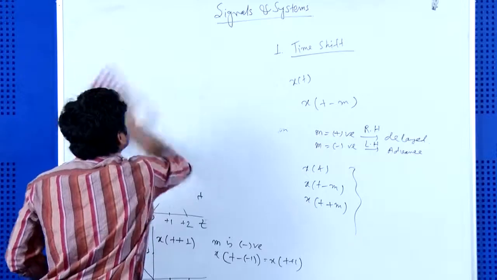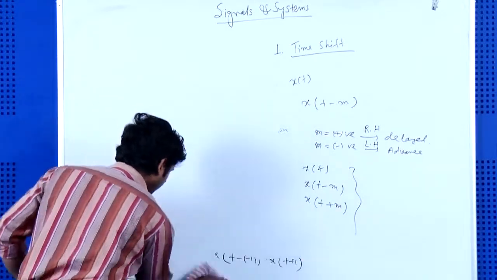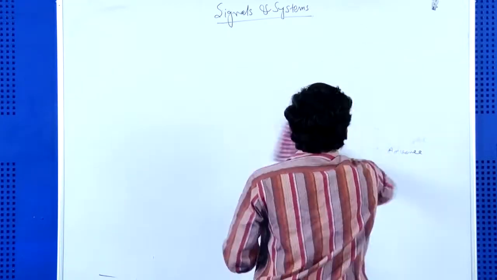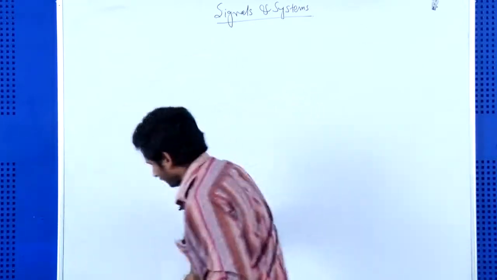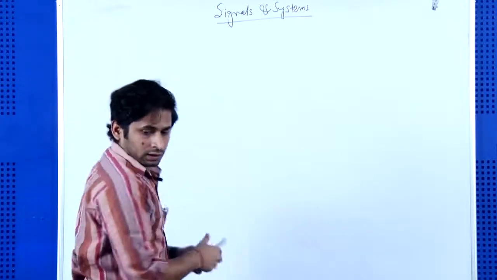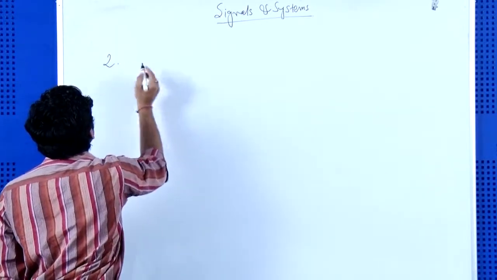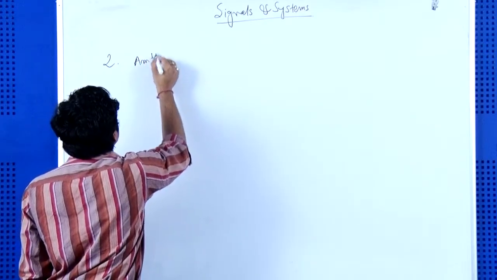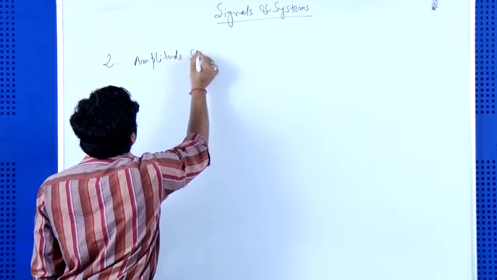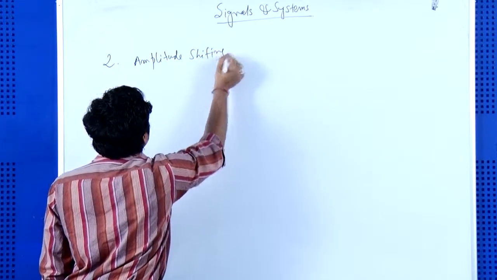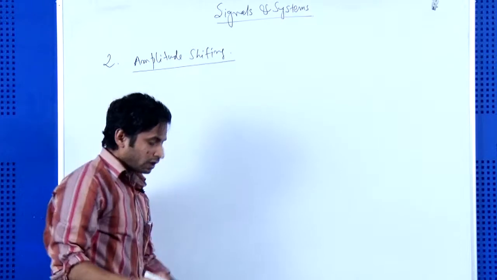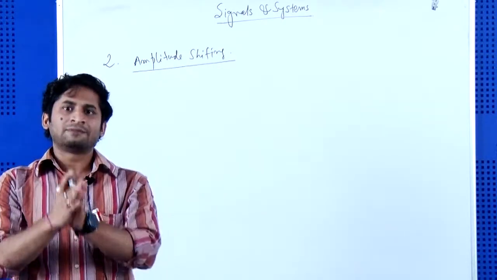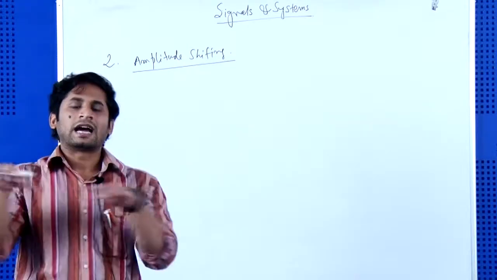Now, number 2 operation, that is amplitude shifting. The previous one was a shift in the time axis.